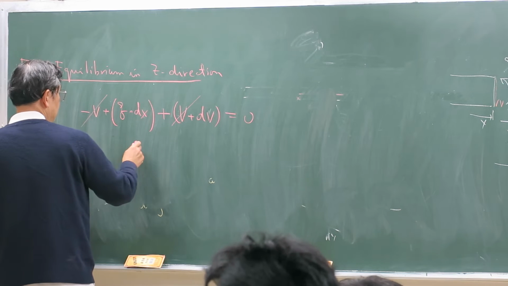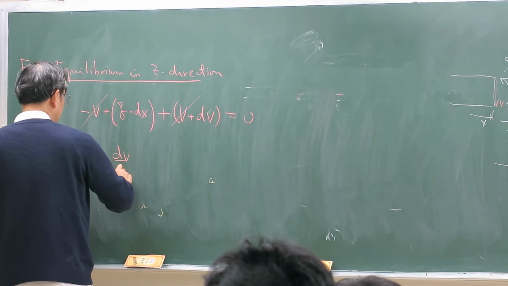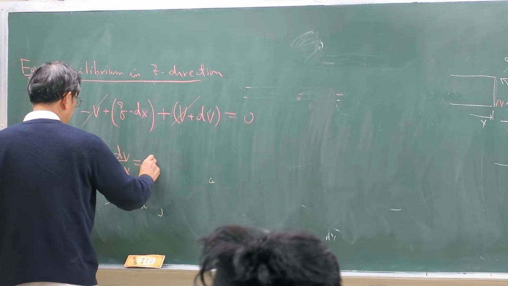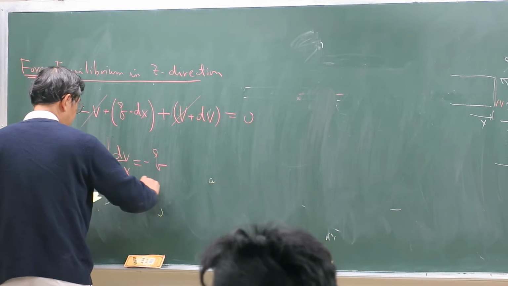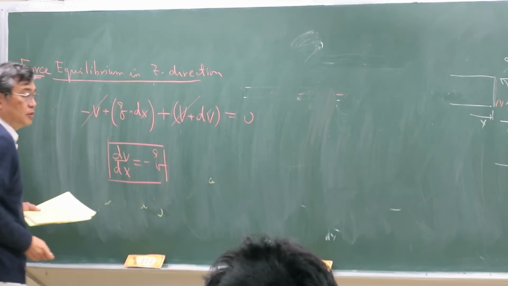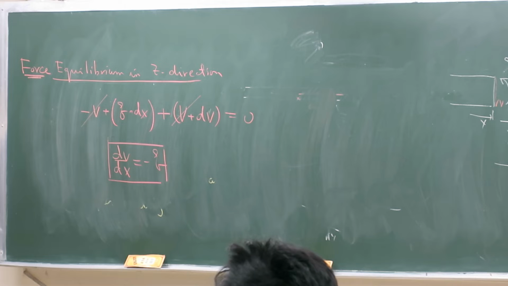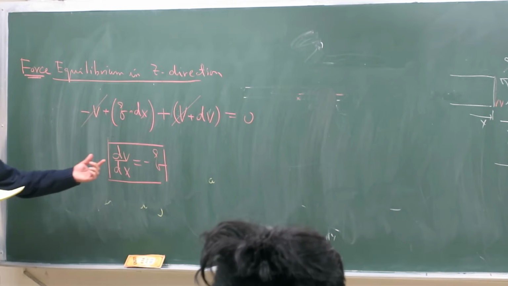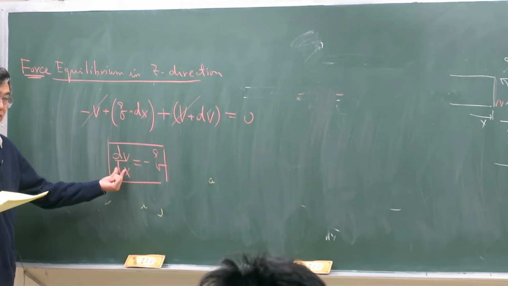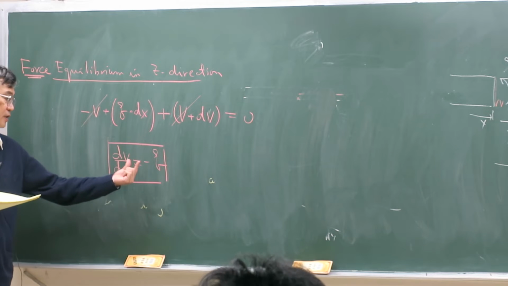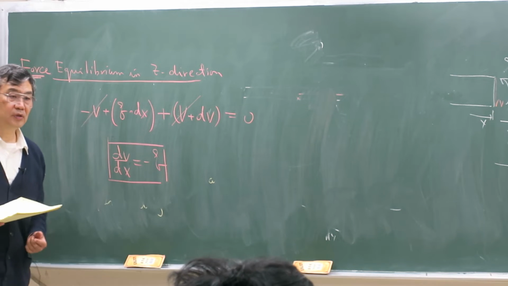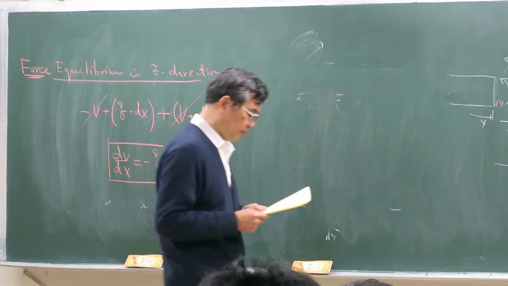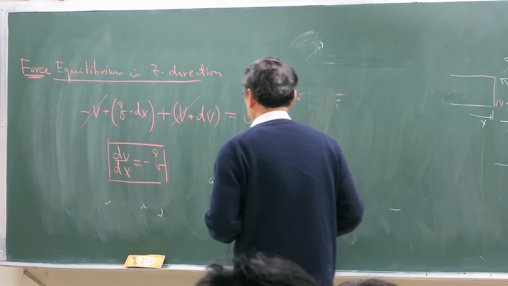So we have dv/dx minus q. This is the first equation we obtain, relating the internal shear force change per unit length to the q value.